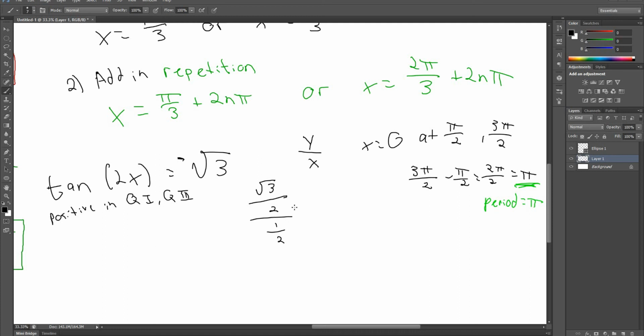I'm not worried about the negative. The negative will come into play based on the quadrants. So this would be times 2 over 1 times 2 over 1. So here we cancel out everything in the denominator of the double fraction, and for this, our 2's cancel out. So we just showed that we need wherever y would be root 3 over 2 or negative root 3 over 2, and x would be a half.